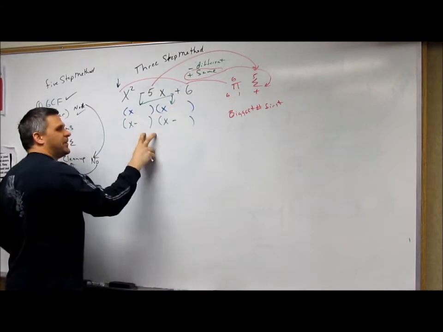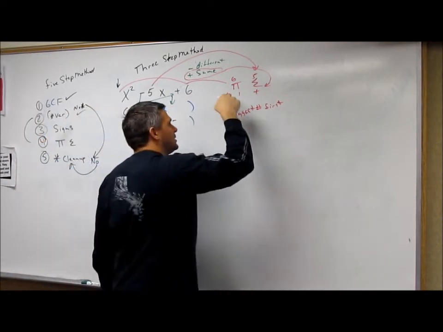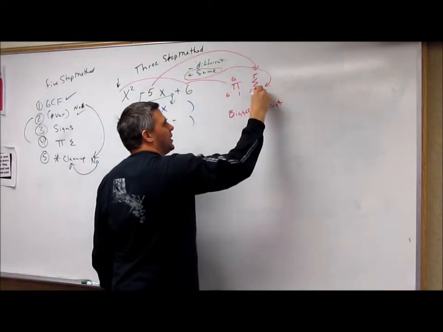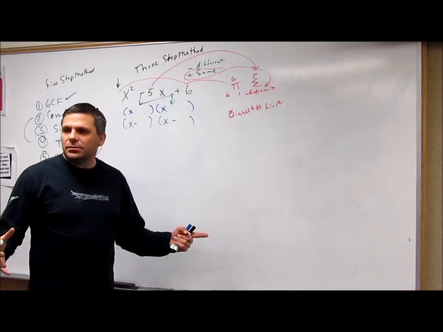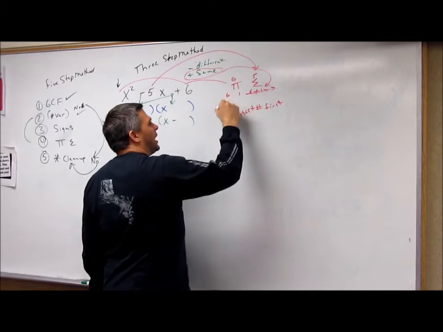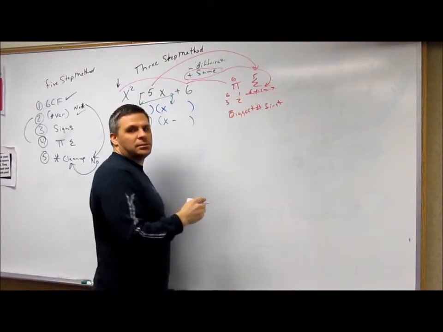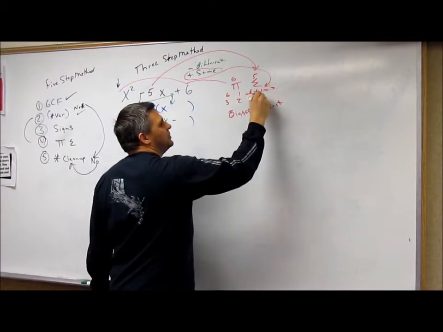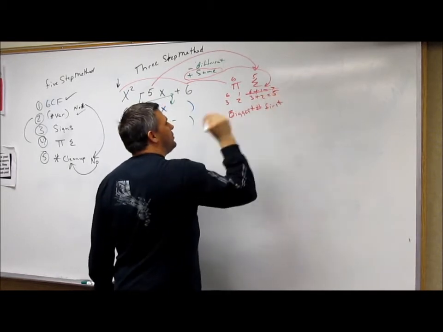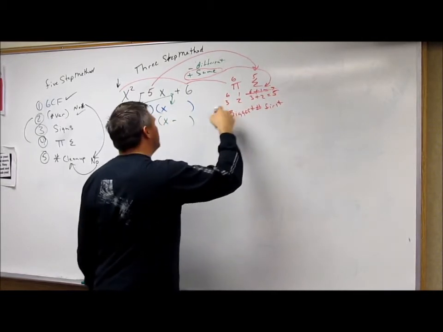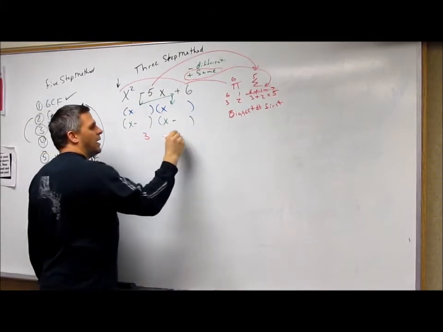Biggest number first. So 6 and 1, but 6 and 1 equal 7. It's not 5. So we look at 3 and 2, and 3 and 2 equal 5. So that's what we want. 3 and 2.